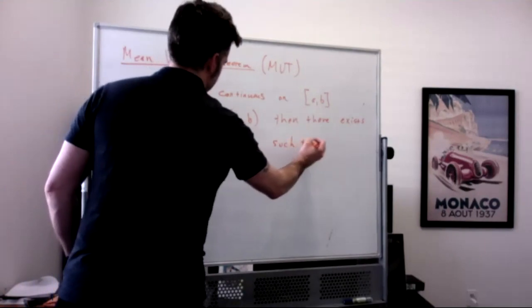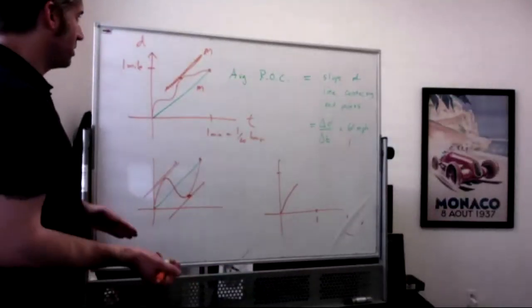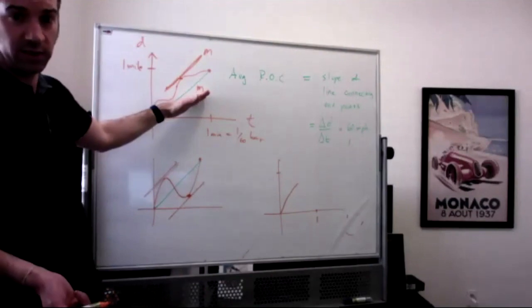such that, I'm going to say the words again before I write the formula. The words are that the derivative at c equals the slope of the line connecting the endpoints.